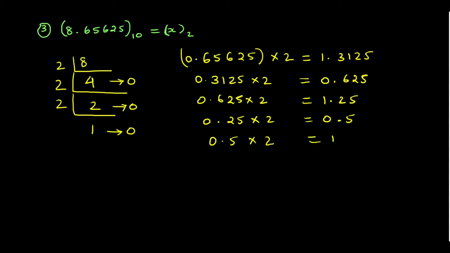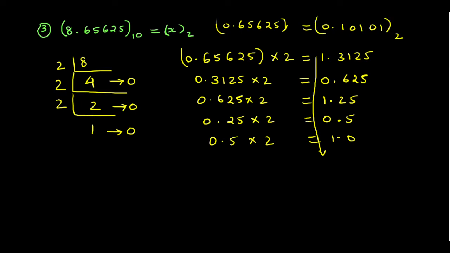So 1.0 we can write it. Now what we do? We will write it from top to bottom. So 0.65625 equals what? It is equal to 0.10101 to the base 2.